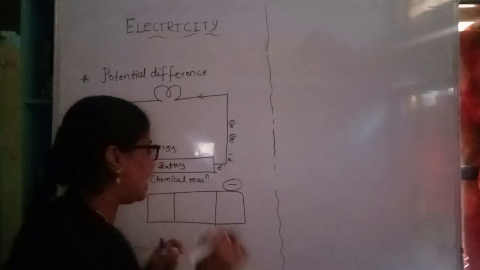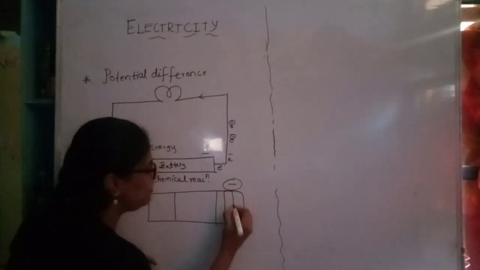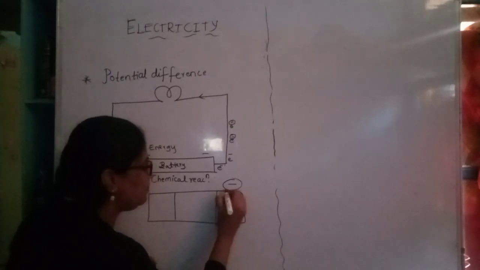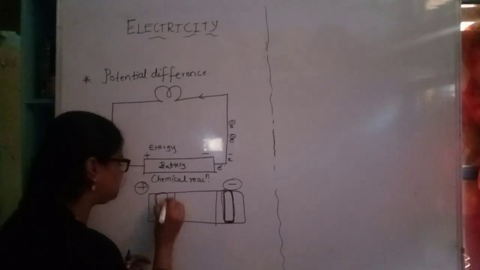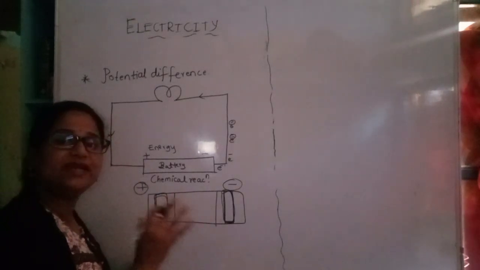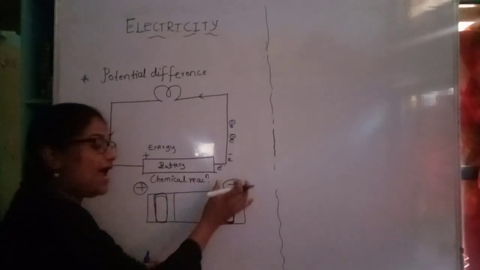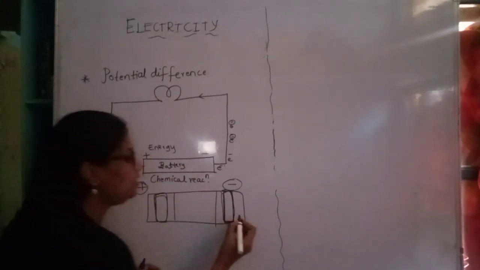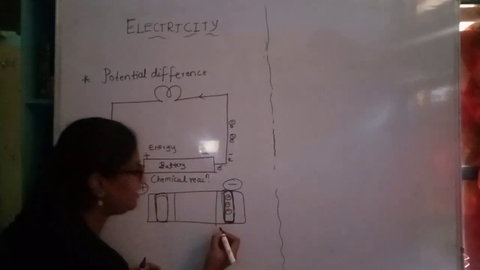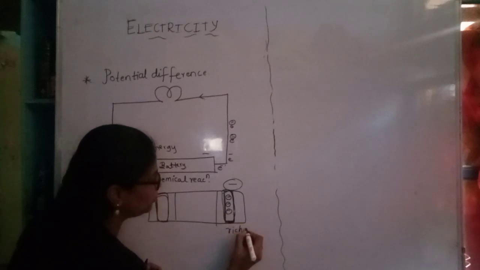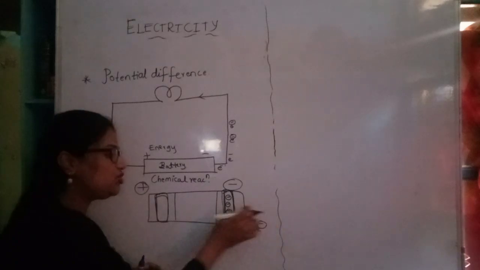It is because inside the battery we have two metal plates. The metal plate at the negative terminal will be rich in negative charges, or rich in electrons.